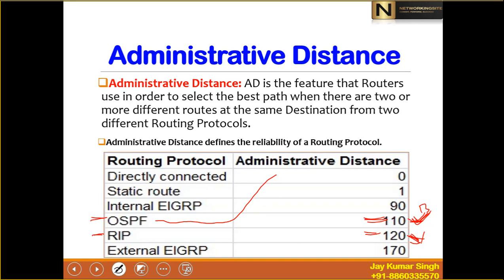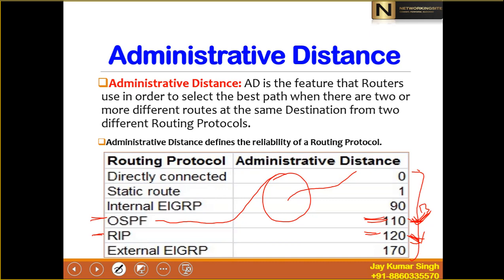But if you have a single car, can you compare? No, it is impossible. But when you have multiple protocols running on a single router, in that case you can compare and say, please send my data through the lowest administrative distance number protocol.